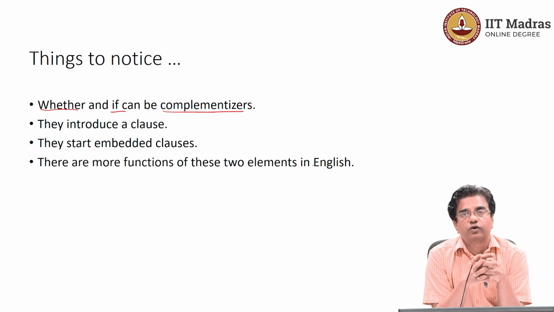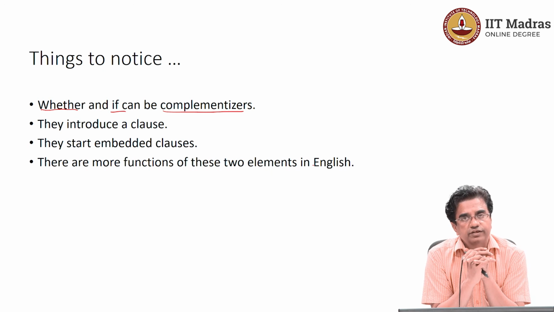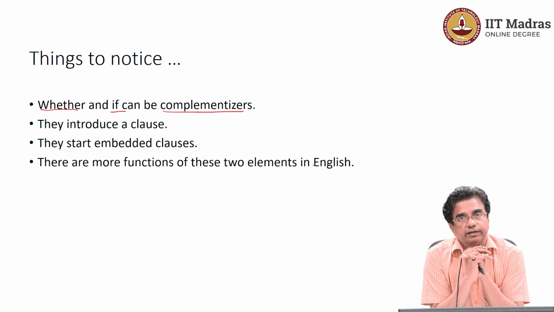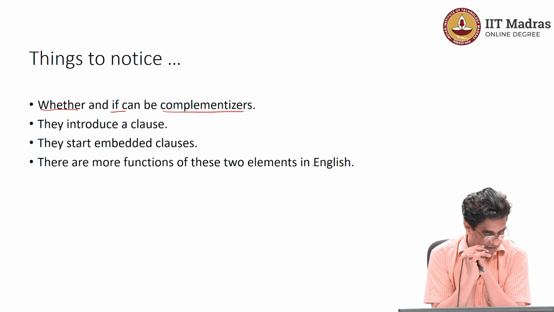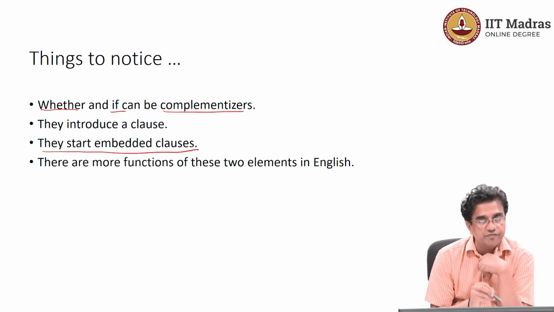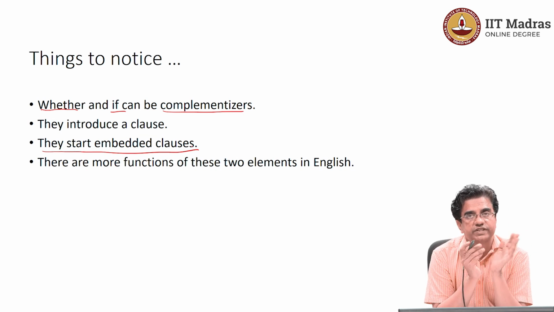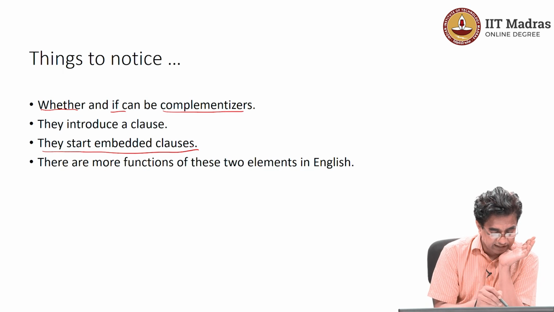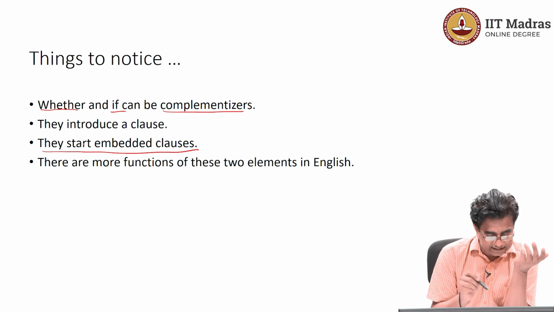They don't have to be a complement of the predicate all the time, because we just explained it to you. Not every verb that can take a complement clause will take a whether type of complement clause. They start an embedded clause for sure. Everywhere we use them, they start an embedded clause, and that's how they introduce a clause as well.